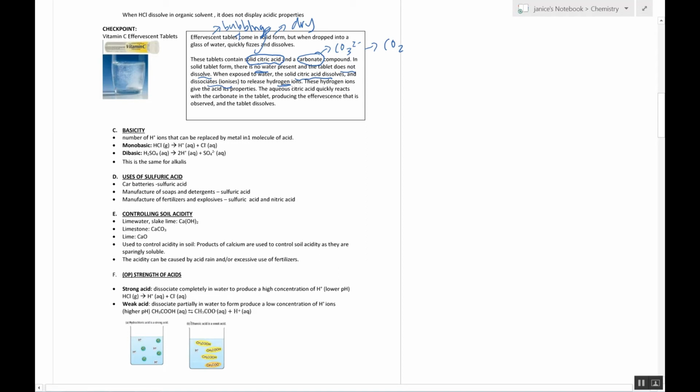The H+ ions, the hydrogen ions, are free to move, and they give it the acidic properties. These acidic properties mean that this citric acid can now convert your CO3 to CO2, and that's why you see fizzling or effervescence.